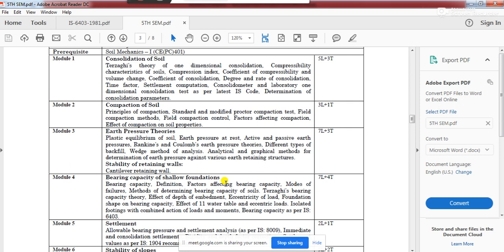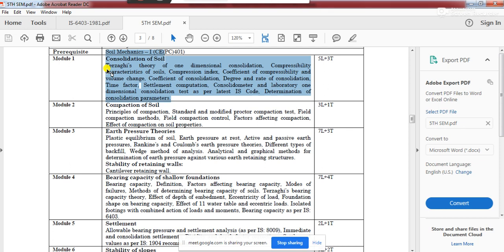Then what we will do? We will be moving to this module 1, this consolidation of soil. I think consolidation of soil you have studied it, right? You have studied it in your 4th semester course. Yes, not a little bit, many things were there.